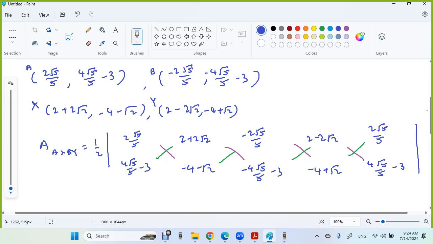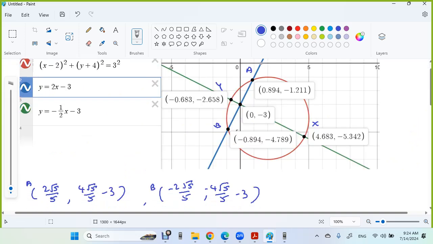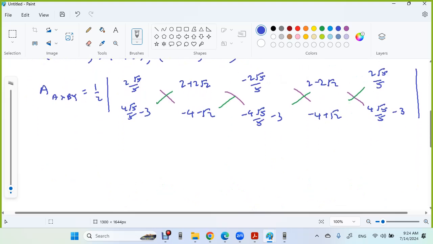Okay, but what happened here, we look at the answer scheme. Maybe I can just find this one. So we have the half, then this one we have negative 8 square root 5 over 5, and then minus 4, this one will be negative, and then minus 2 square root 10 over 5, and then this one multiply this one.